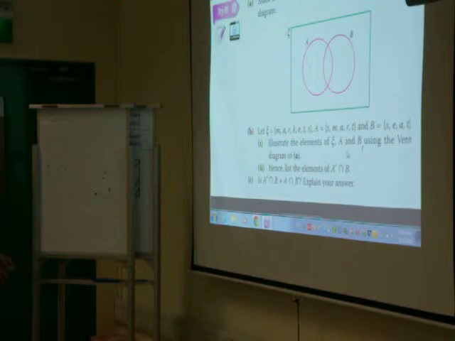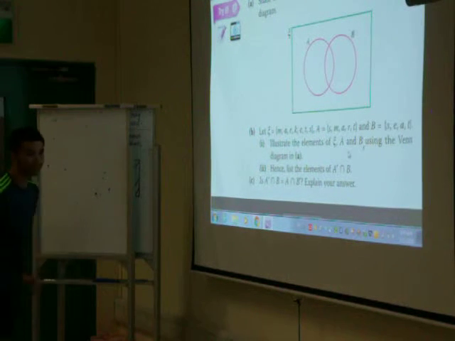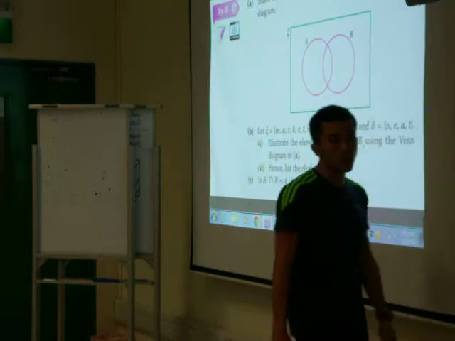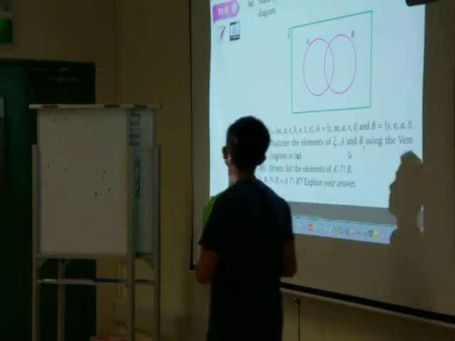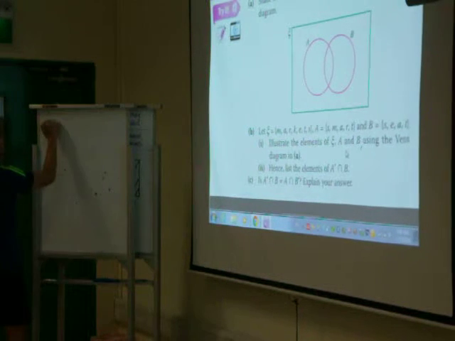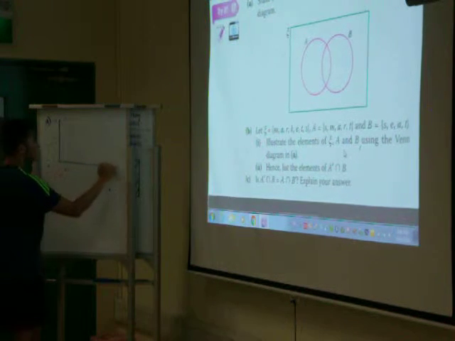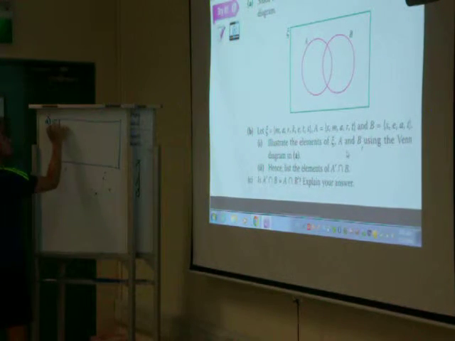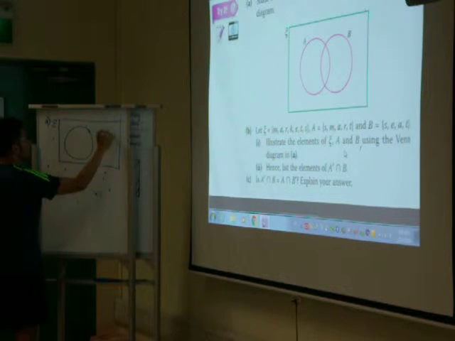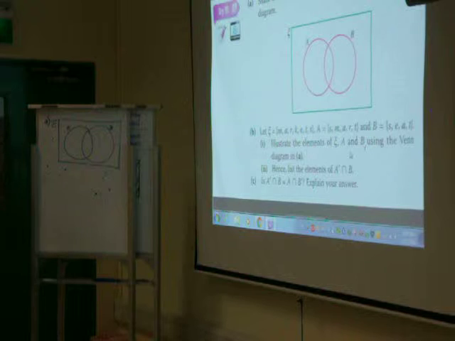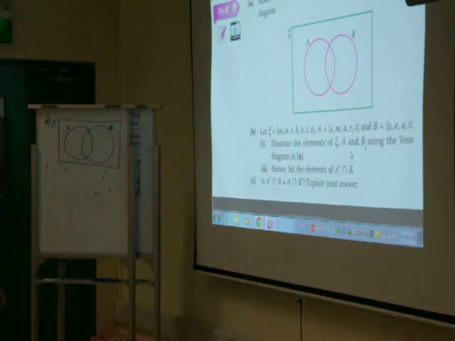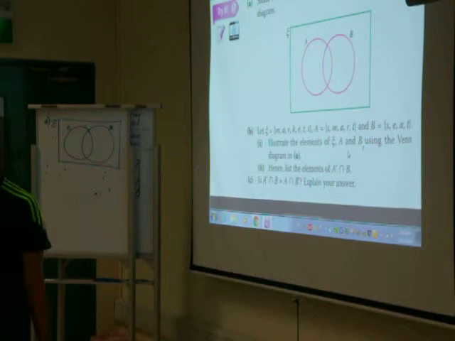Okay, what do I mean? Take a look at 17. You go and do your drawing first. You see where you can shade first before I do mine. It's better to shade with a pencil in case you make a careless mistake.